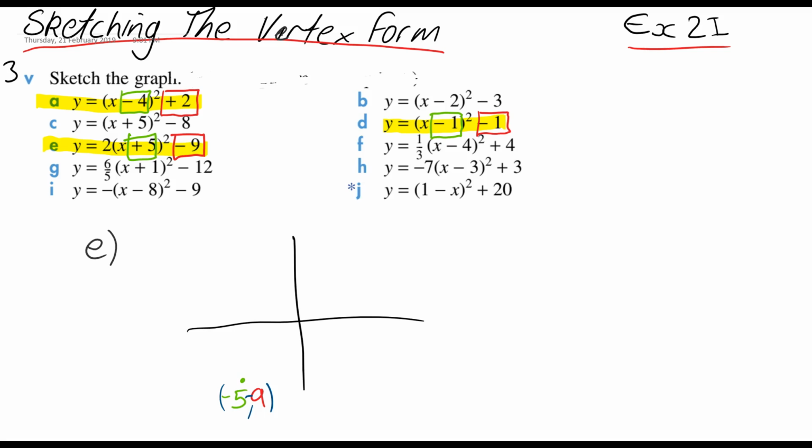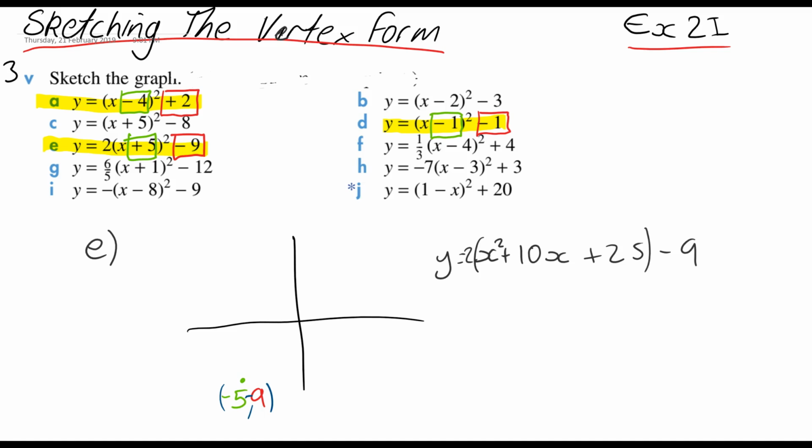Just expand that, and I'll do it in a few steps to get used to it. X plus 5 squared is x squared plus 10x plus 25, minus 9. Oh, and I forgot to put the 2 outside the brackets.